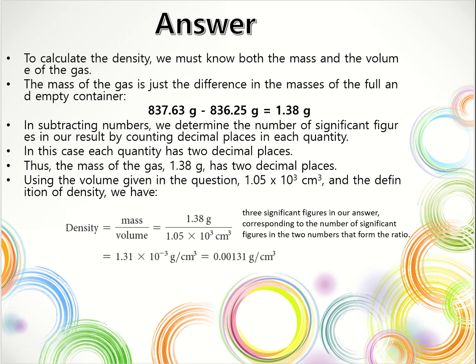To calculate the density, we must know both the mass and the volume of the gas. And so the mass of the gas is just the difference in the masses of the full and the empty container, right? So we just subtract them and we get the mass of the gas, which is 1.38, right?